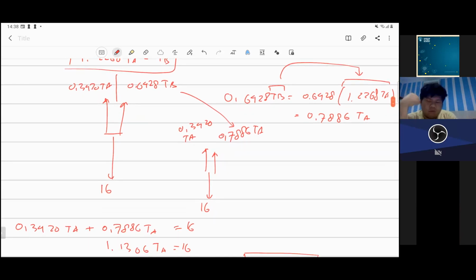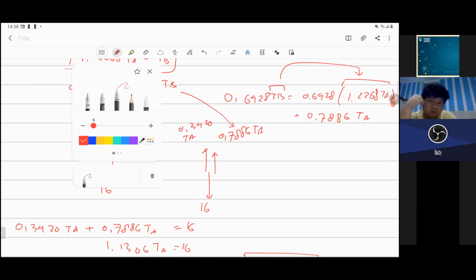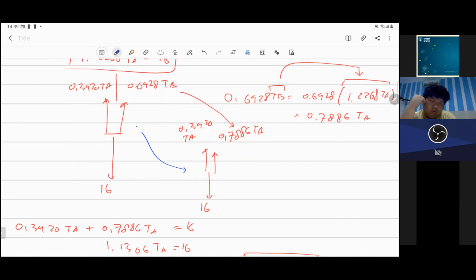So this is going to simplify. So the simplification now reads that we have two forces here. The up is 1.1306 TA and down is 16. We put them together.